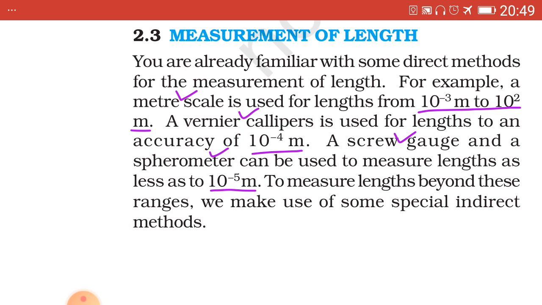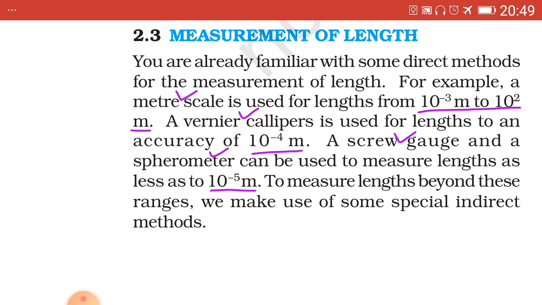So here the least count is still smaller, 0.001 centimeter, which is equal to 10 raised to minus 3 centimeter. You convert into meter, then multiply by 10 raised to minus 2, which will be equal to 10 raised to minus 5 meter. This is how you get 10 raised to minus 5 meter.